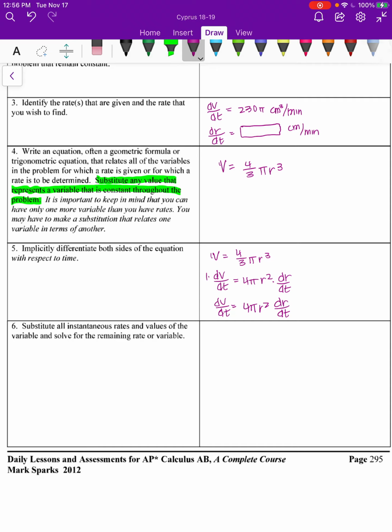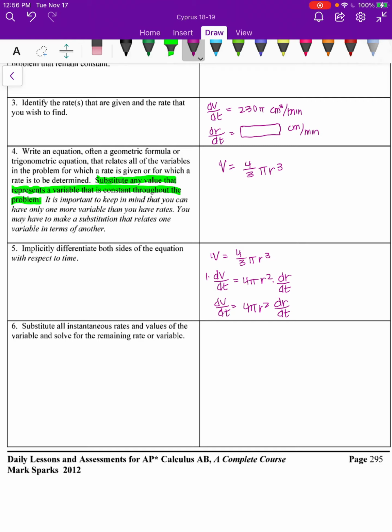The trick here is that our dV/dt is actually a negative rate because the air is leaving the balloon. So the volume is getting smaller, it's going down, which means dV/dt is negative. Just like if you were slowing down, that rate is negative because you're going slower.